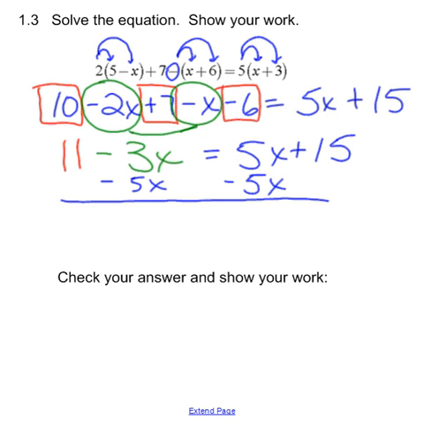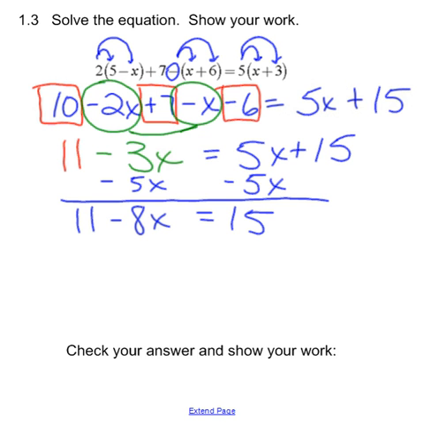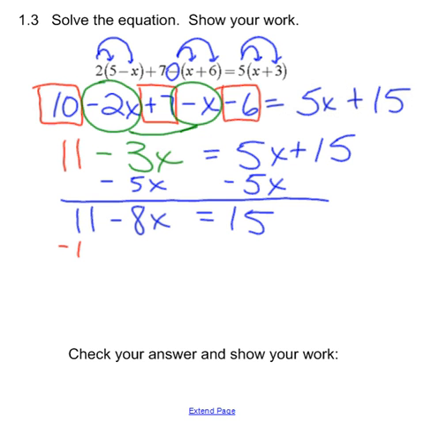So we'll have 11 minus 8x equals 15. I'll move this down a little bit. So now we're ready to get rid of the 11.